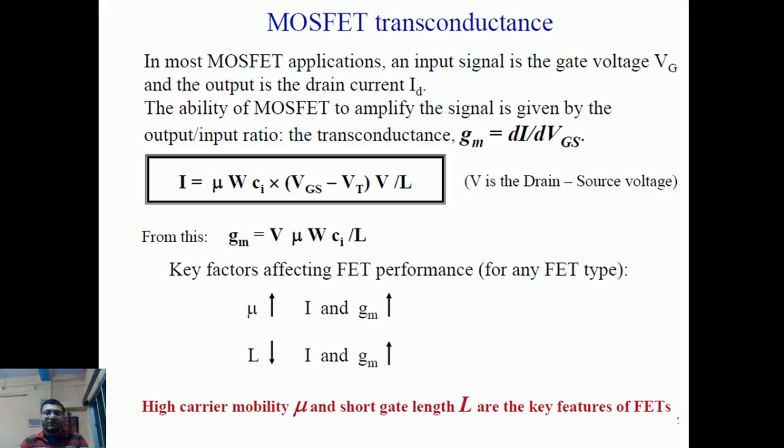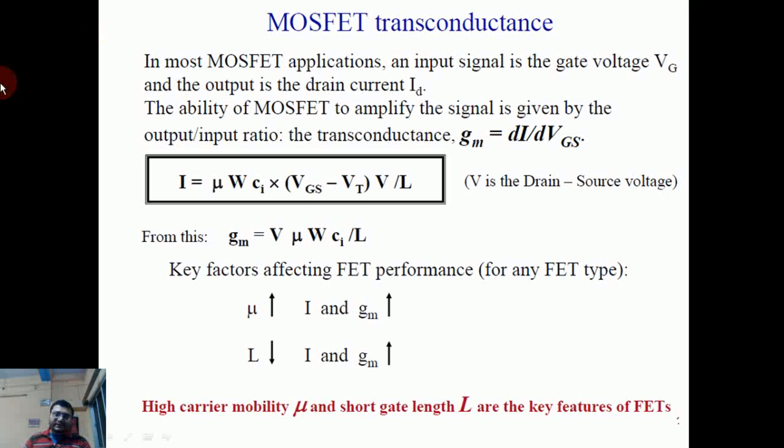That means the rate of change of the drain current with respect to the gate to source voltage is known as the transconductance, which is denoted as Gm.